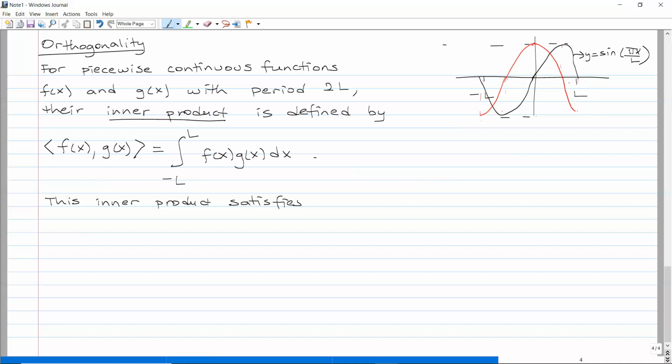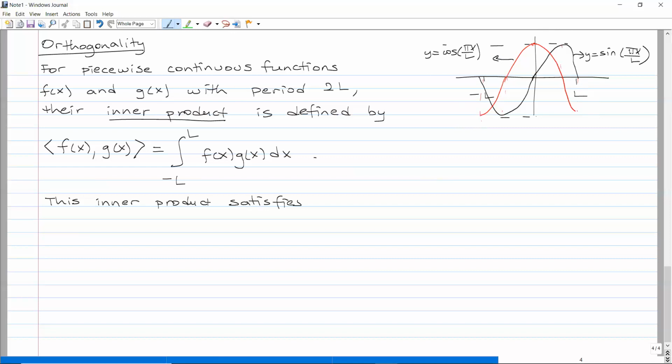If you take n equals 2, in the same length, you will have 2 waves. For n equals 3, you will have 3 waves, and so on. And for cosine, same thing, cosine of pi x over L.